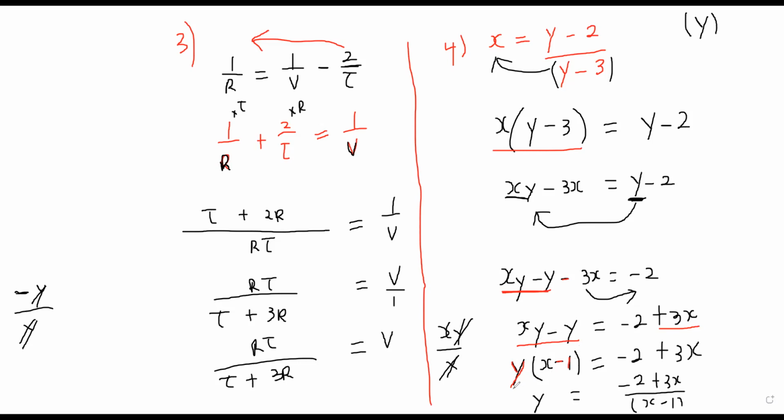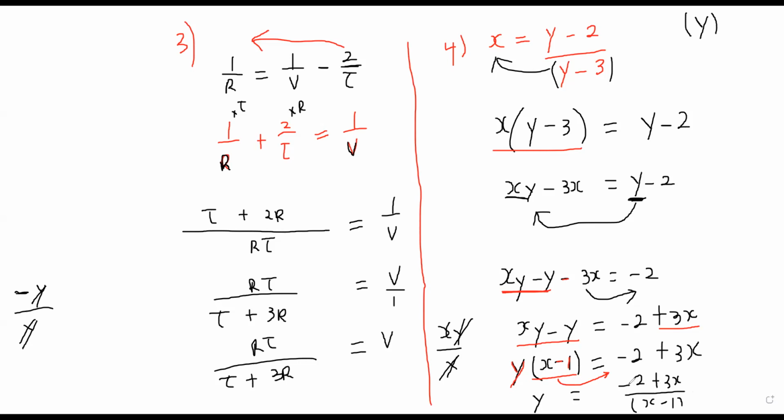Factorization, right? And all we do now is make y the subject. To make y the subject, we need to get rid of this bracket. So we carry over this bracket to the other side. This bracket is multiplying y, so when we carry it over, it will go over and divide whatever is on the other side.